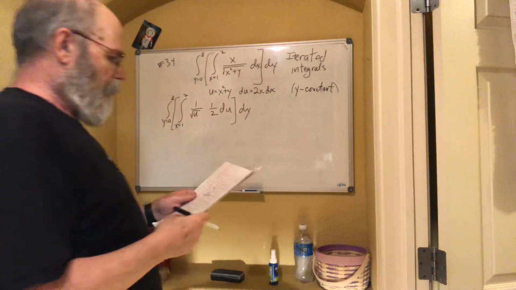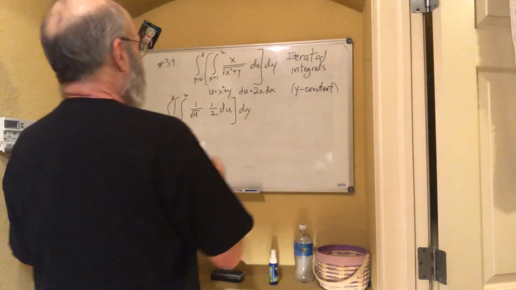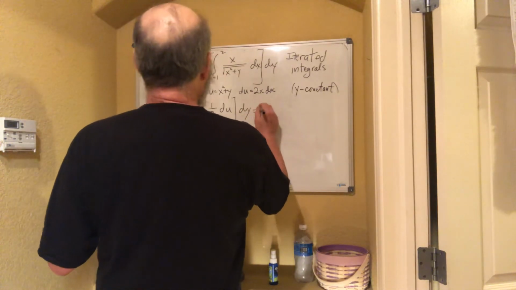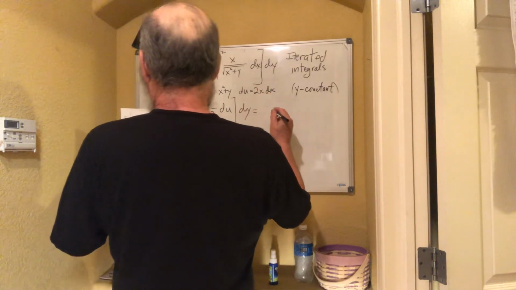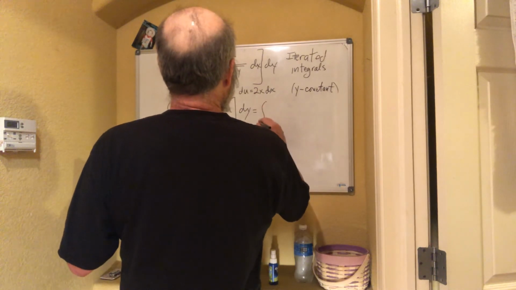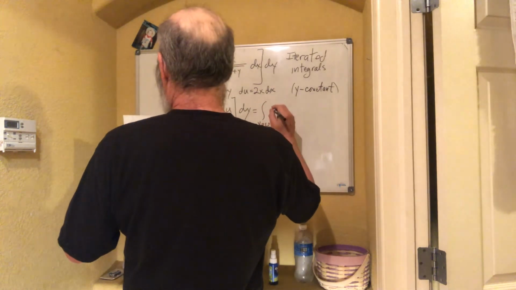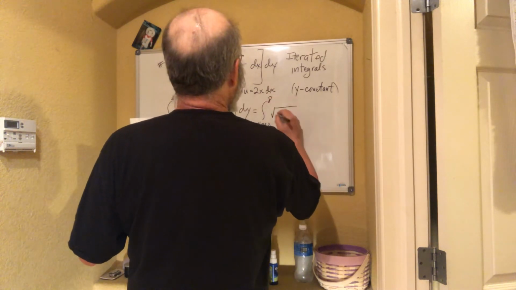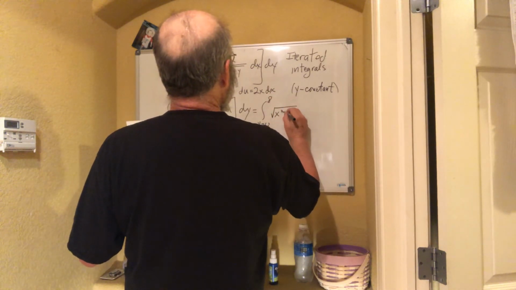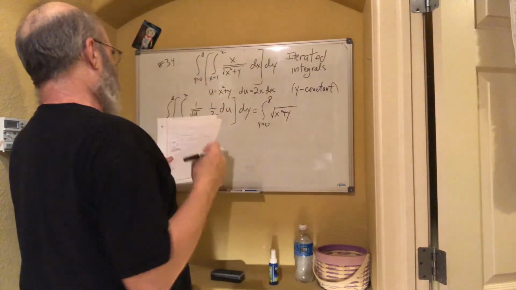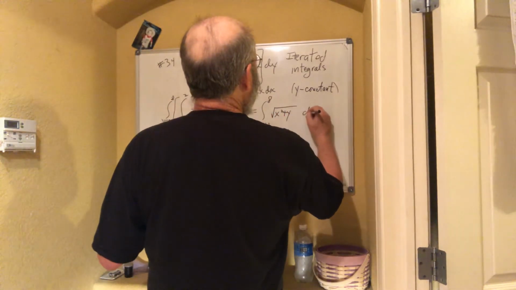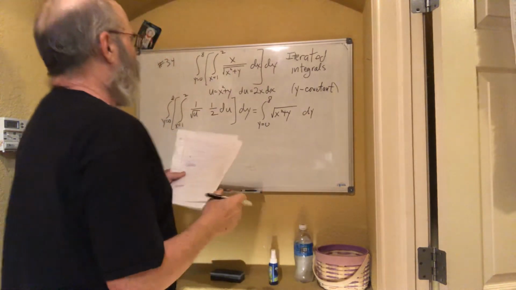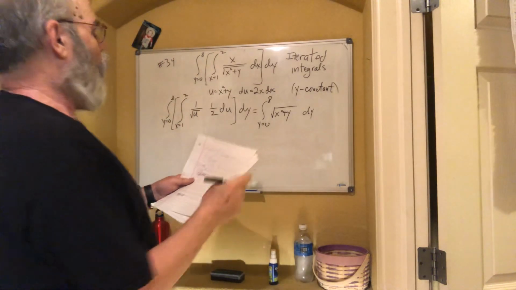That's a very easy integral out there. It is just the square root of u. So what I'm left with here is the integral y equals 0 to 8. And now I simply have that u function there to integrate over, x squared plus, sorry about that.